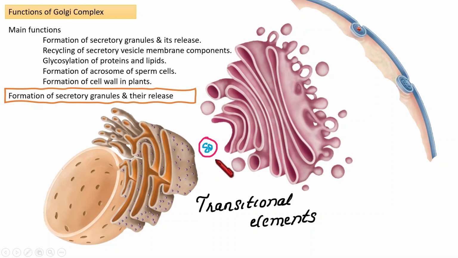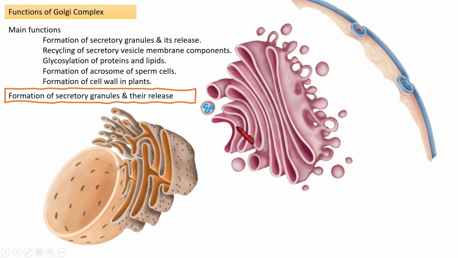Then these transitional elements move further and proceed to the cis Golgi, and join with part of the cis Golgi and move from one cistern to another cistern and finally reach the trans Golgi portion.